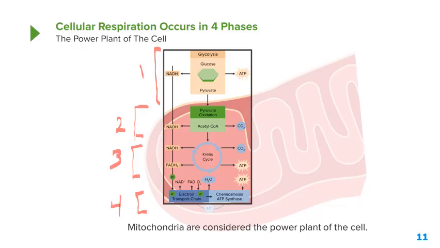Remember that here, it's GTP, but it is equivalent to the energy of ATP, right? And then when you go to the electron transport chain, this is where you're going to recover your NAD plus and your FAD, to go back and pick up more electrons and protons, right? And this is where you're going to get most of your ATP produced.